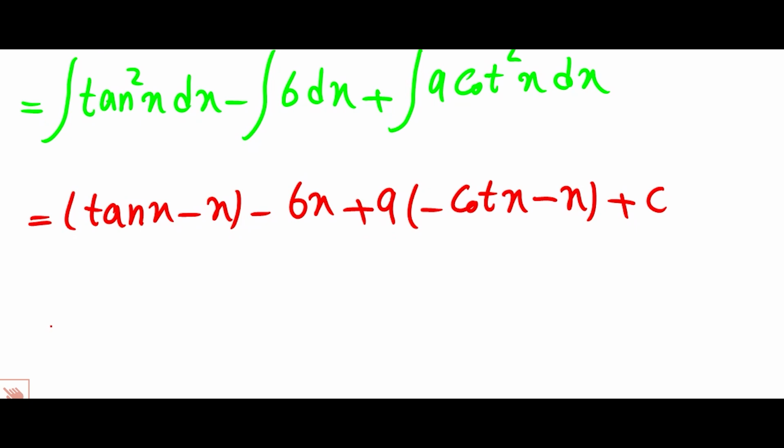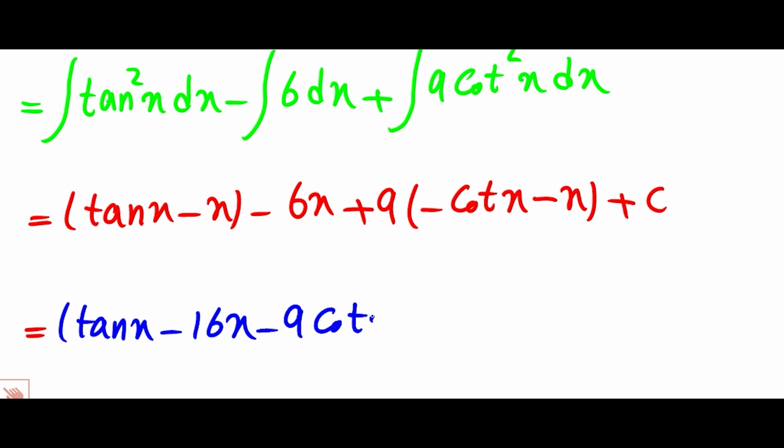And finally, answer equals tangent x minus x, minus 6x equals minus 7x, minus 9x equals minus 16x, minus 9 cotangent of x plus tangent of x plus c.